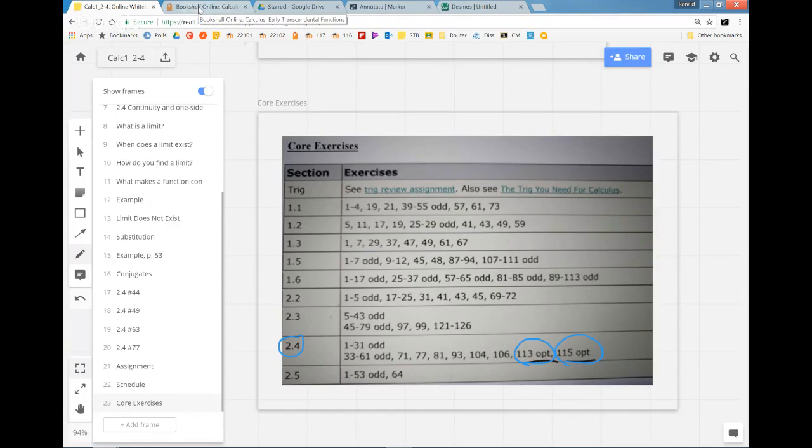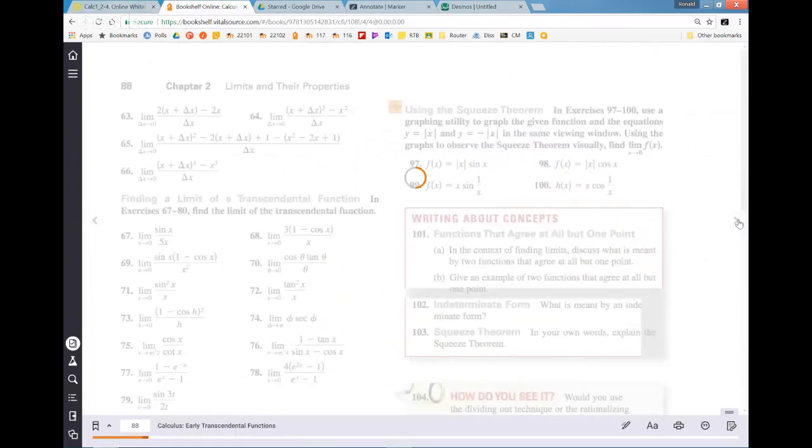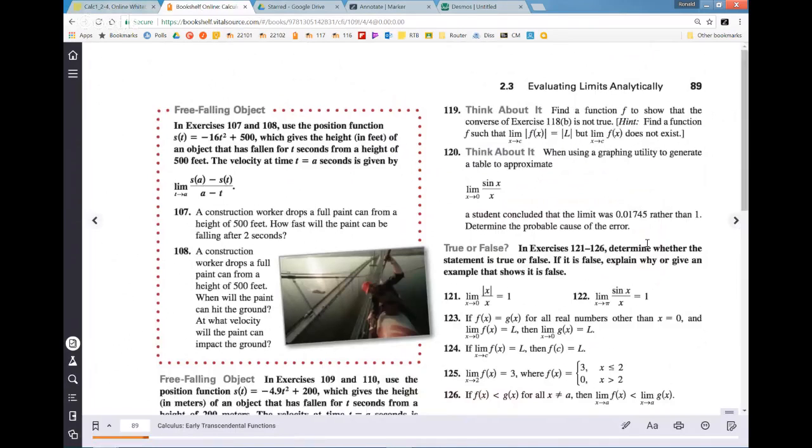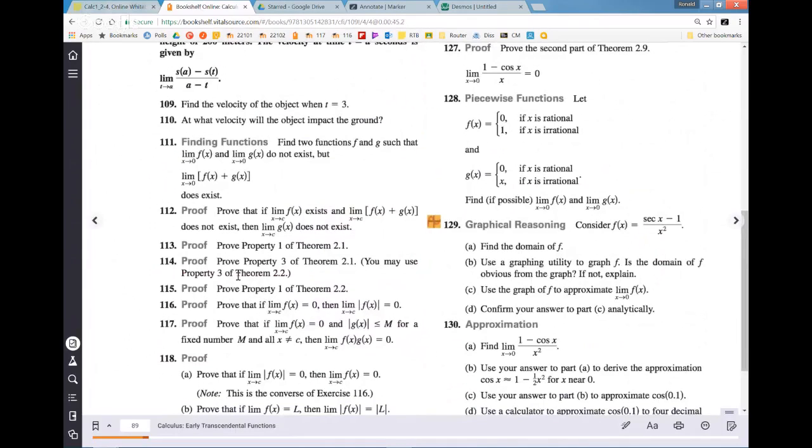What does that mean? 113, 115. Yeah, it just says you don't have to do those, but you might want to give it a try. Prove property 1 of theorem 2.1. Prove property 1 of theorem 2.2. So you don't have to do those, but maybe you could give it a shot.